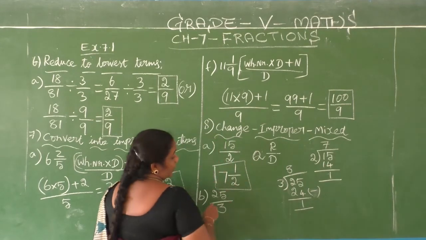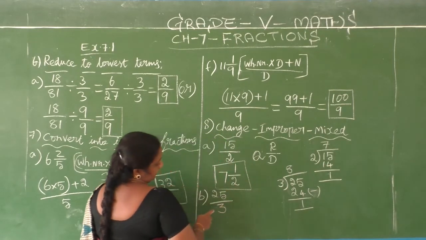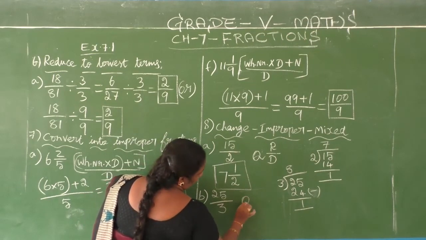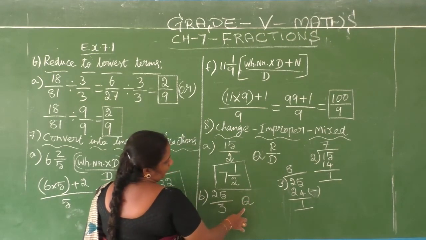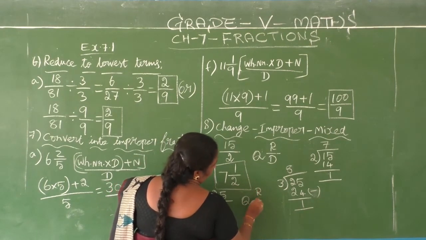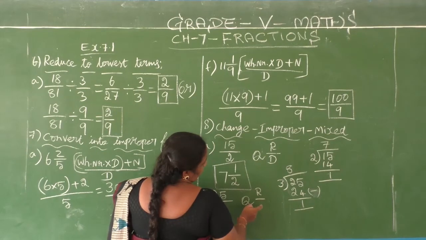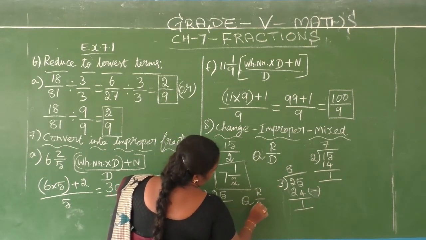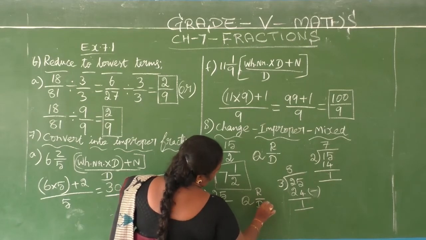So what is the formula to write the mixed fraction? The quotient comes in the whole number place. The remainder goes to the numerator place. By this divisor, which comes down to the denominator place.